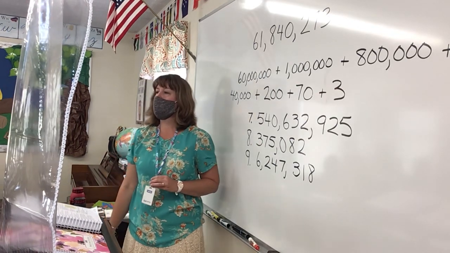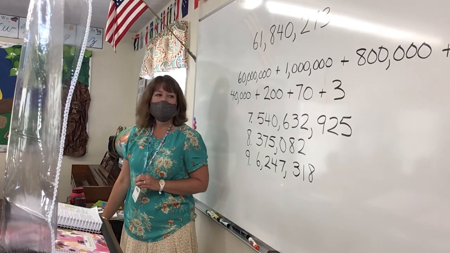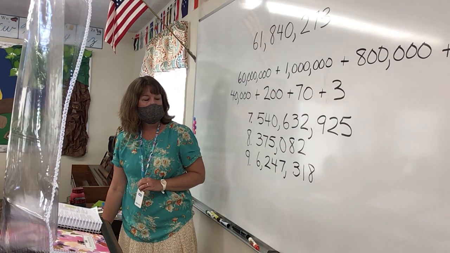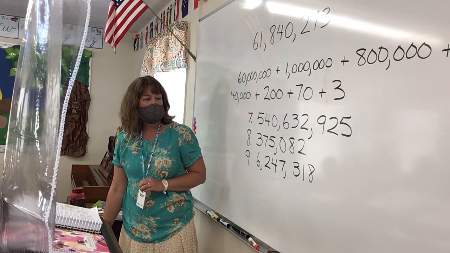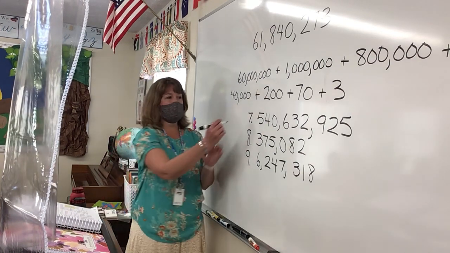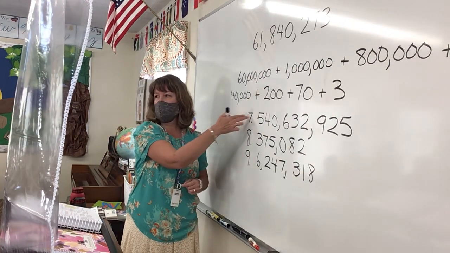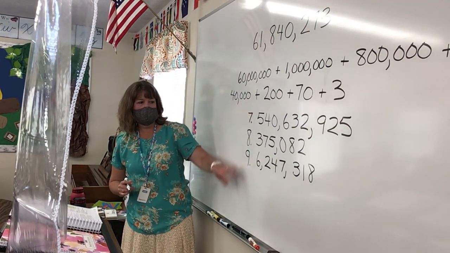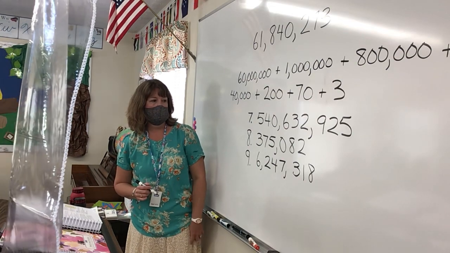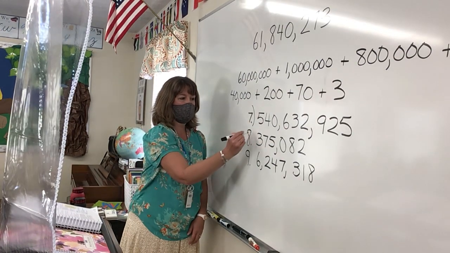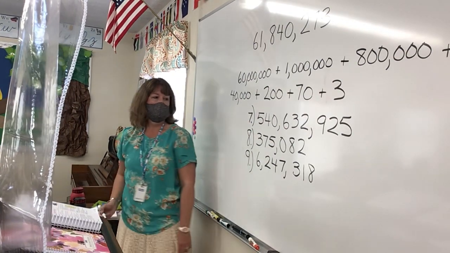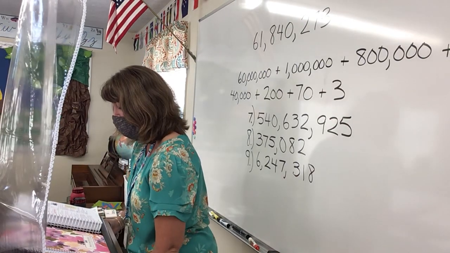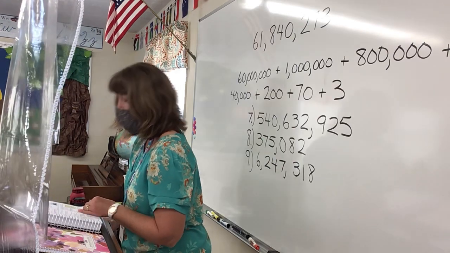I was just wondering why you have the 7, 8, and 9 on the period. Oh, I'm sorry. Yeah, I was writing the number of the problem. Okay, the 7, 8, 9 isn't part of the answer. Would it help if I did this? Yeah. Okay. And then number 10, we've got 100,000 plus 9,000 plus 900 plus 30 plus 1.